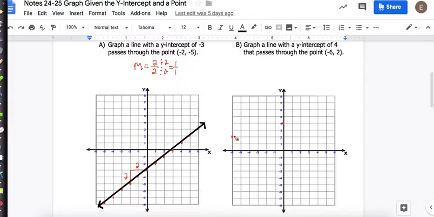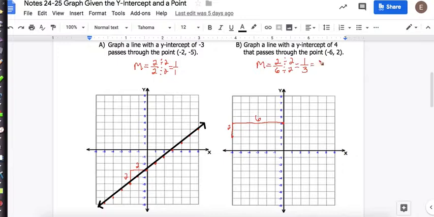Now we have to find the slope so we can complete the line. So up 2, my rise is 2, and my run is 6. So we write the slope as 2 over 6. We can divide top and bottom by 2, and we get 1/3.